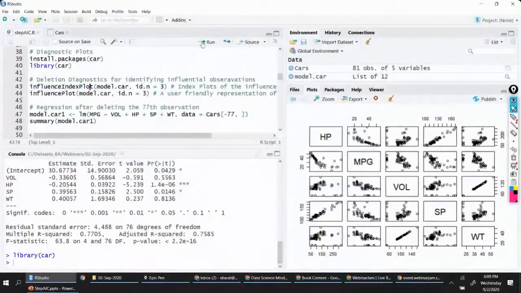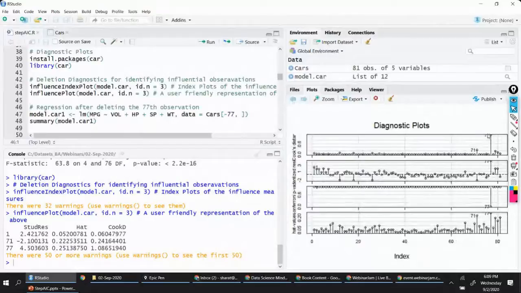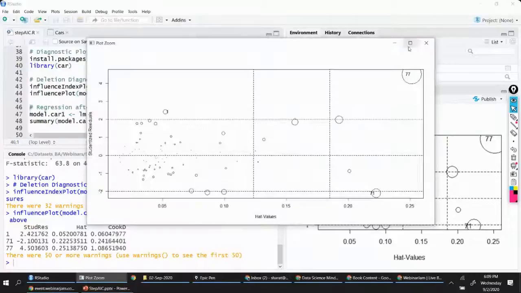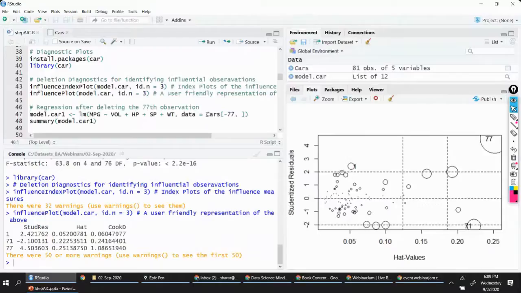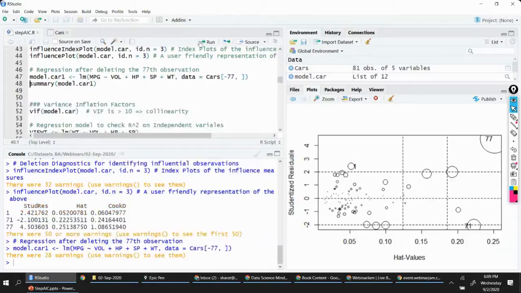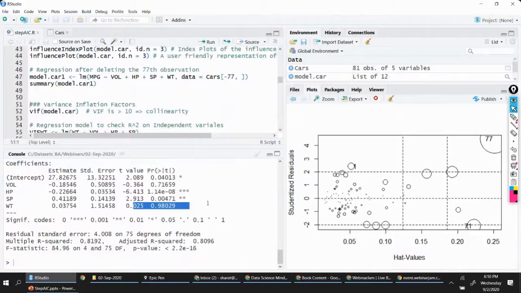And when we execute it, we get two different visualizations. We can identify in both of them that record number 77 is an outlier, an influential observation. So we can remove that particular observation and develop the model. This is something that we have already learned, right? Now, when you do that and look here, you still have the collinear pair being insignificant.